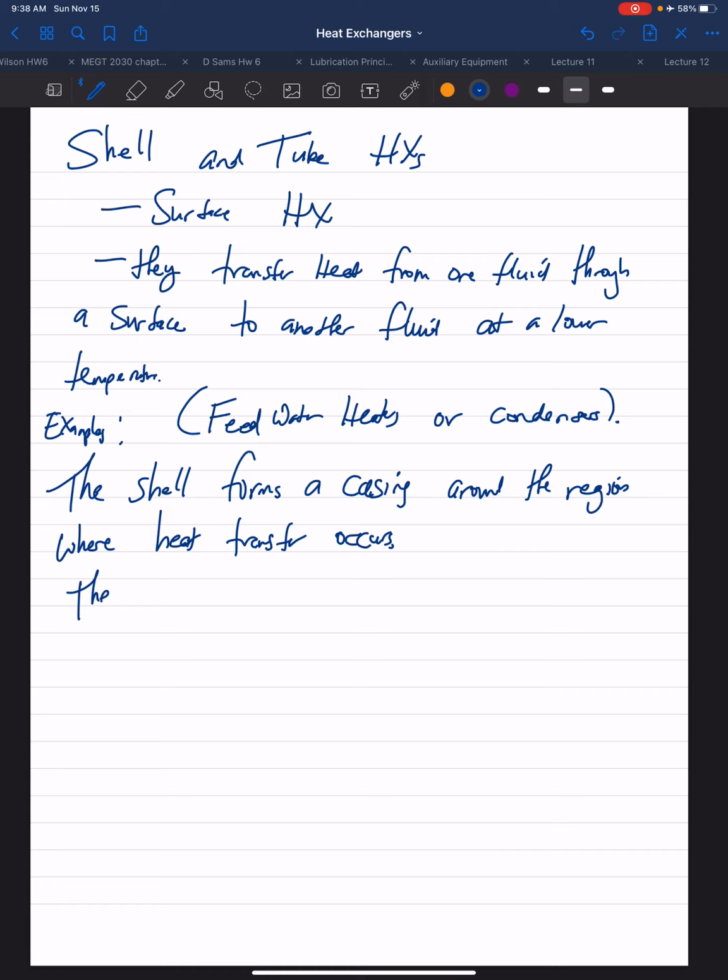The fluid that flows inside of the tubes is called tube side fluid.